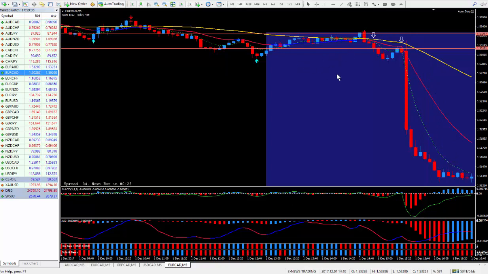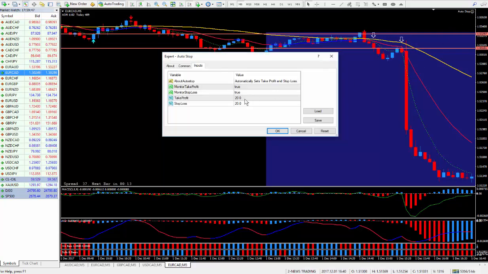So the pip trigger was telling well in advance on the CAD news to take the trade. Take the trade, put in the default 20 pips using the auto stop right here, 20 and 20. Now to take profit, I would extend that, go much further down, but leave this 20 pip stop in.